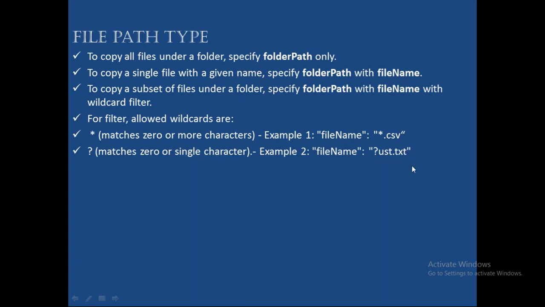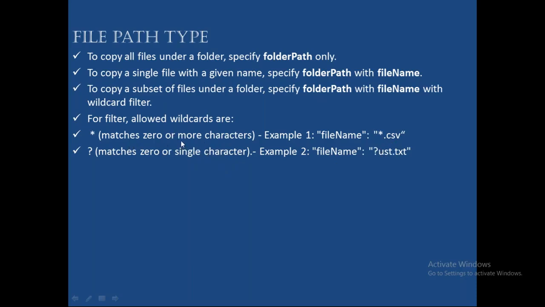It will check whether we have any file where the first character can be anything, but the last characters should be ust.txt. So a file like cust.csv would not match, but any file with that pattern will be picked. So question mark indicates 0 or a single character.